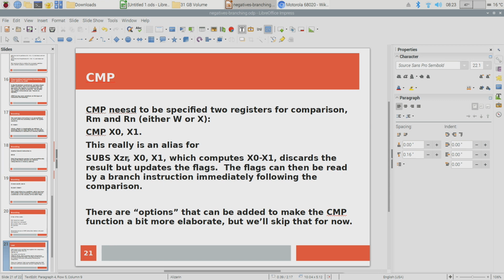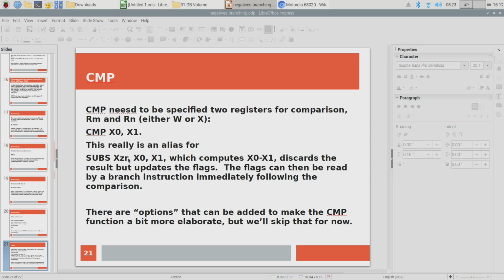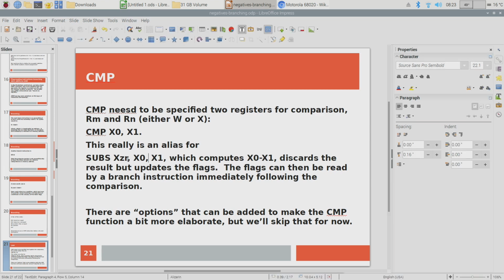Okay, so let's take, for example, equality. How would we know to branch on equality if we compared 2 registers to each other? How would this operation tell me equality? Okay, so if I subtract, go ahead. The 0 flag is set?